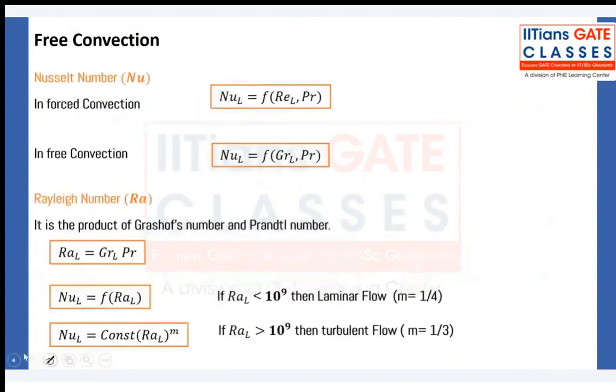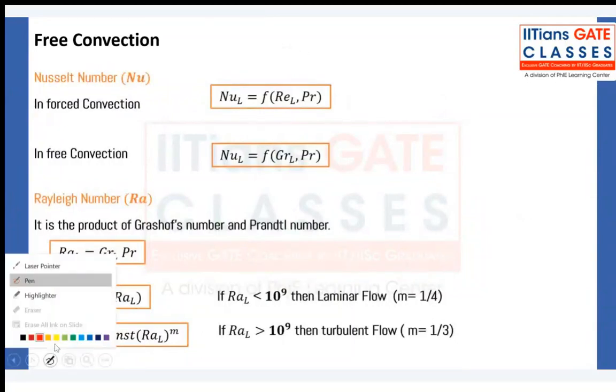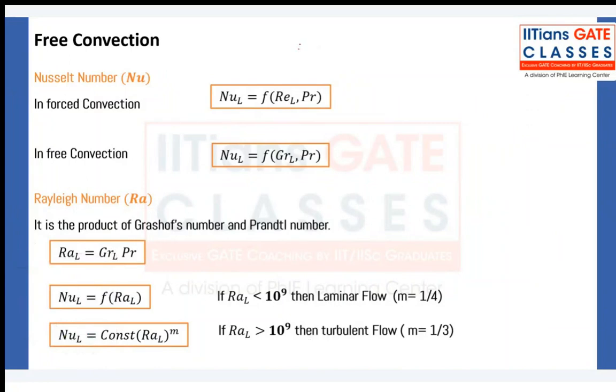In forced convection, Nusselt number was some constant times Reynolds number to the power 1/2 and Prandtl number to the power 1/3, so it was a function of Reynolds and Prandtl number. But in free convection, Nusselt number is a function of Grashof's and Prandtl number.